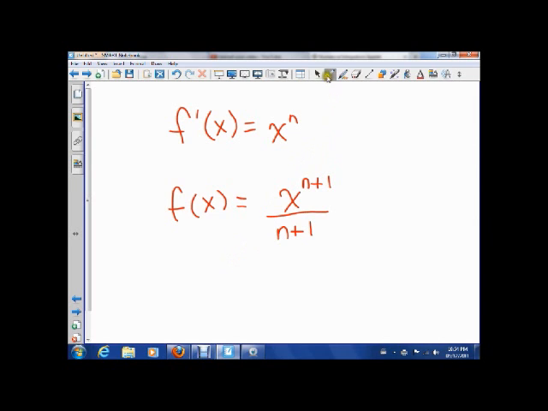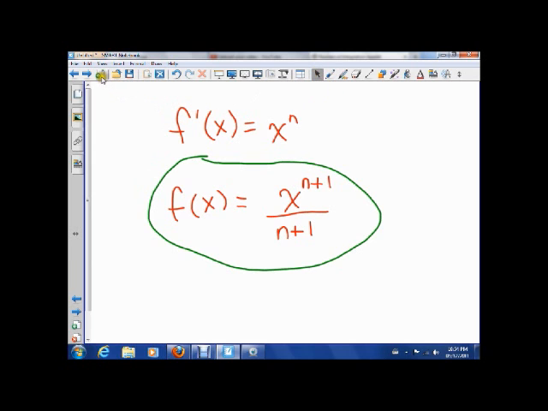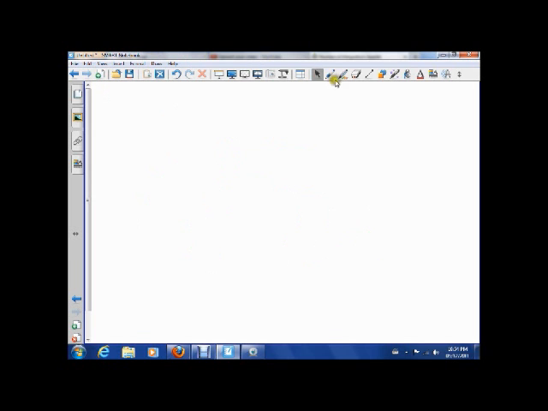Now, so that's kind of our basic rule, just like we had our power rule. That's our basic rule for integrals. Okay? Now, the way that we write this, so here's some interesting notation. The way that we write this is we say that the integral, so that's the sign for integral.